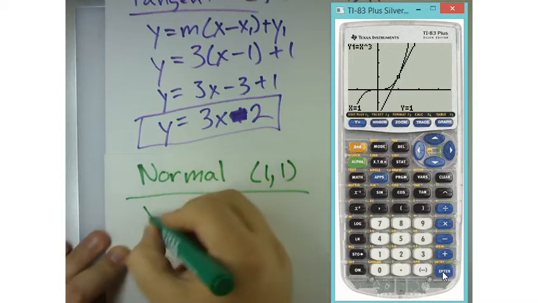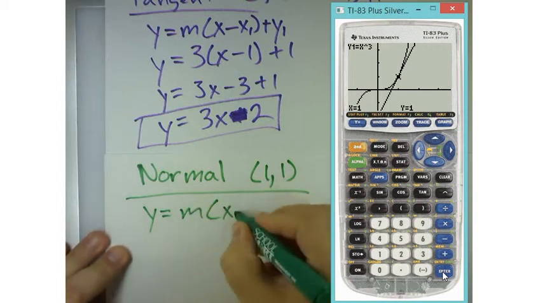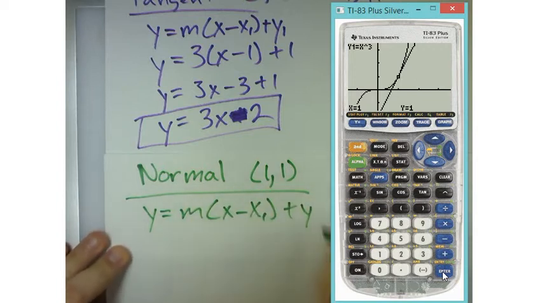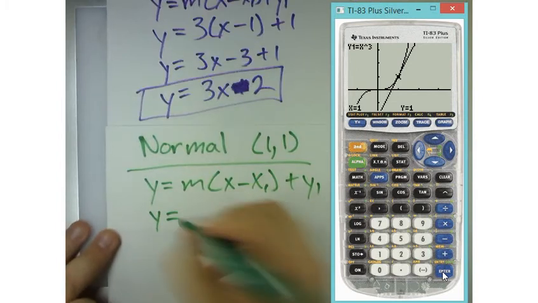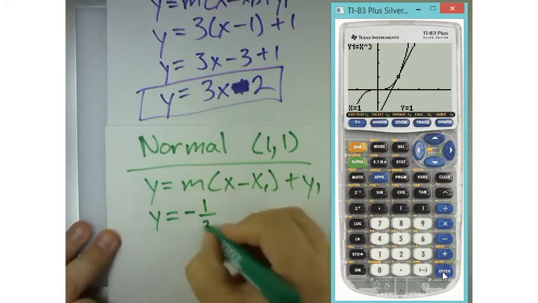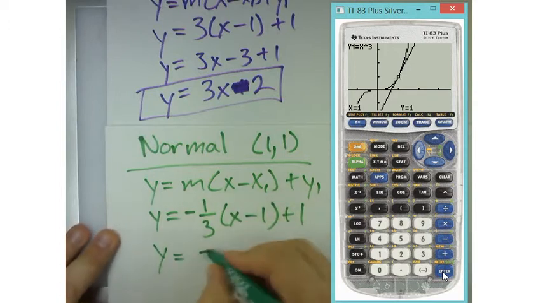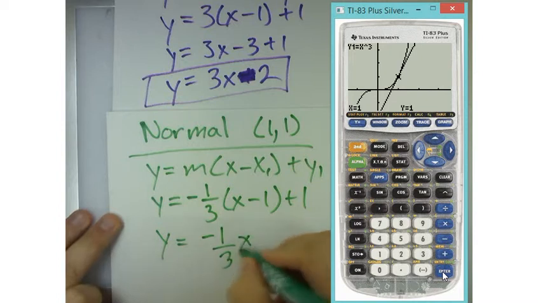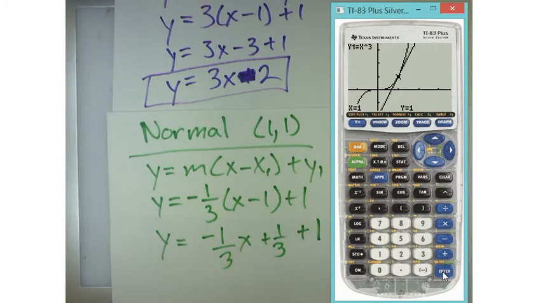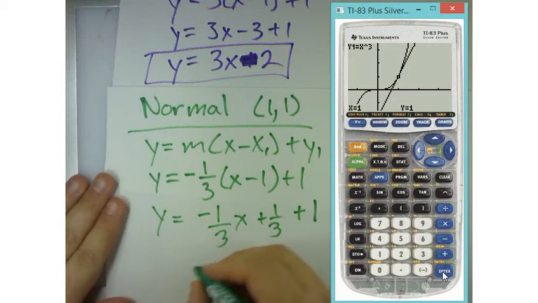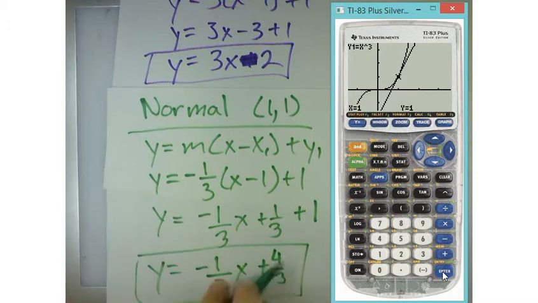Except now we're going to say y equals m times the quantity x minus x sub 1 plus y sub 1, except I'm going to have the negative reciprocal, which is going to be negative 1/3, right? Times x minus 1 plus 1. Distribute that through the parentheses. I have negative 1 over 3 x plus 1/3 plus 1. Well, what's 1 and 1/3 as an improper fraction? Yeah, so I've got negative 1/3 x plus 4/3, and this should be the equation of the normal line.